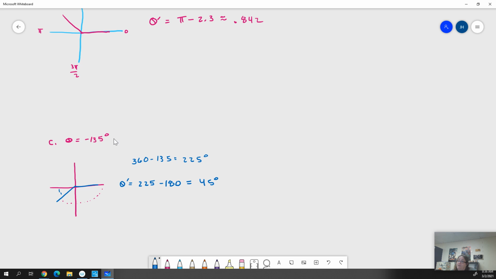So if I have an angle at, say, negative, we're going in this direction, negative 25 degrees, we would just go 360 minus 25.